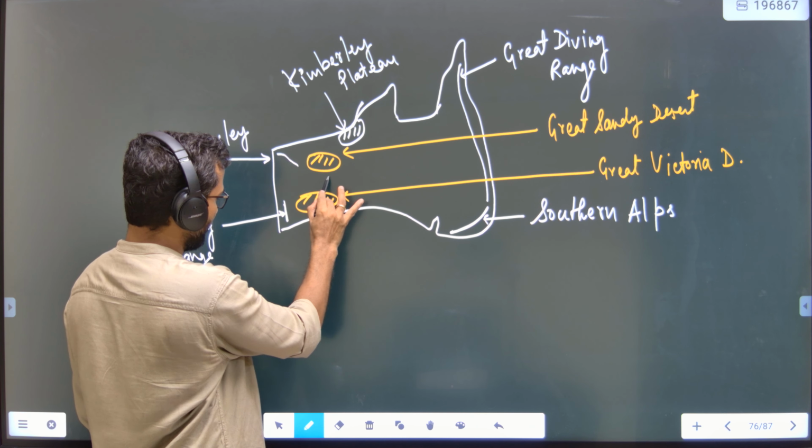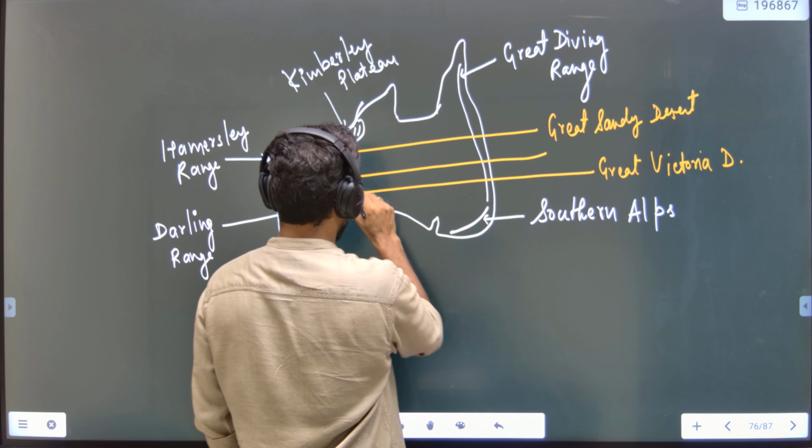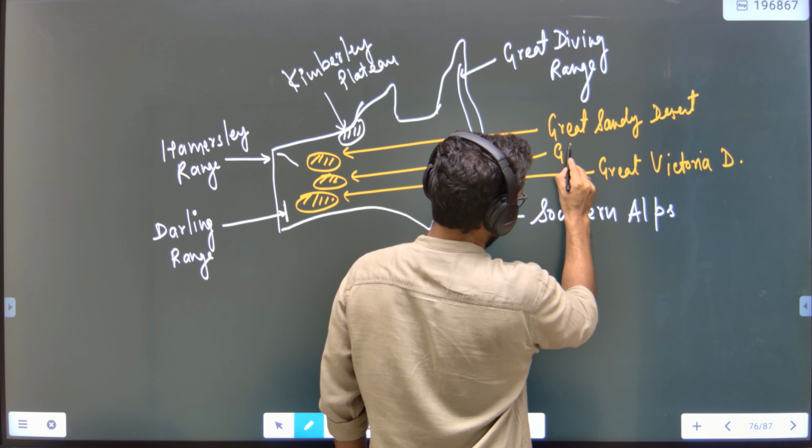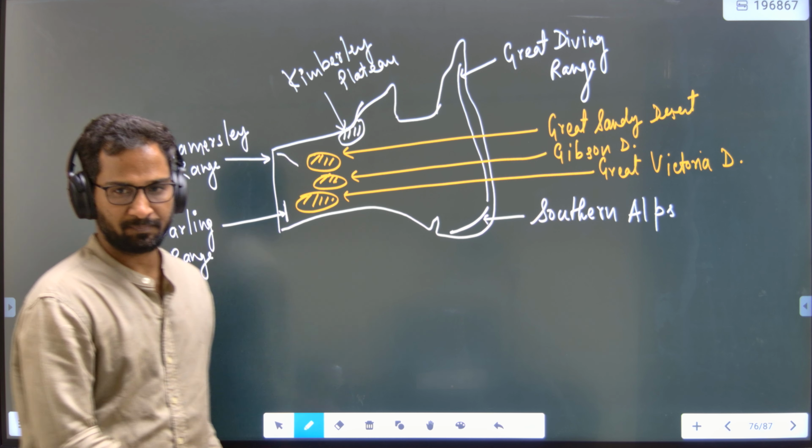And in between these two, there is another desert named Gibson Desert.